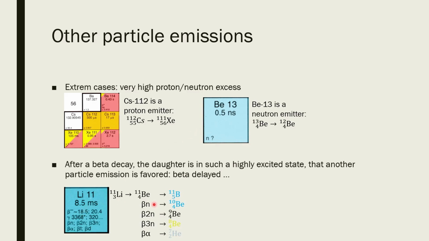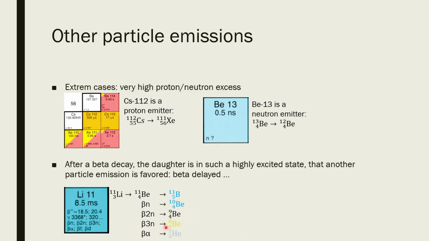We have beta-delayed neutron emission, beta-delayed 2 neutron emission, beta-delayed 3 neutron emission, beta-delayed alphas, tritons, and deuterons. In this case, the lithium-11 does beta-minus decay into beryllium-11, and this can either do normal beta-minus decay, but it can also emit a beta-delayed neutron, turning into beryllium-10, and so on and so on.